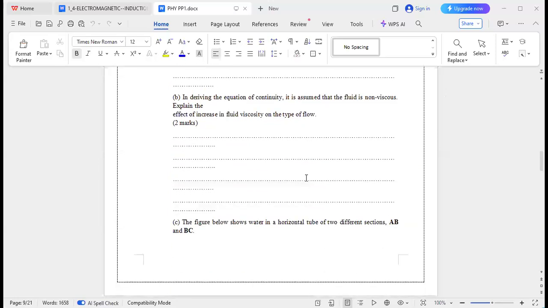Part B, in deriving the equation of continuity, it is assumed that the fluid is non-viscous. Explain the effect of increase in fluid viscosity on the type of flow. So when we increase the viscosity, we increase the viscous drag.